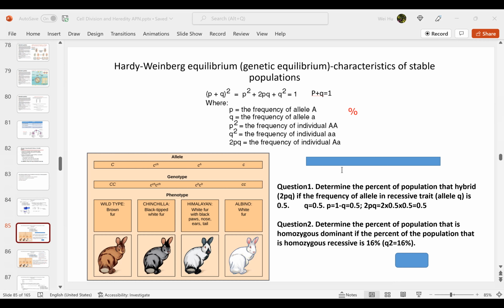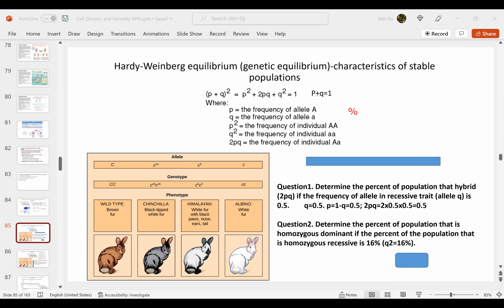Now they ask for the population that is homozygous dominant, so they must be asking for P squared. They already told you that Q squared equals 16%.